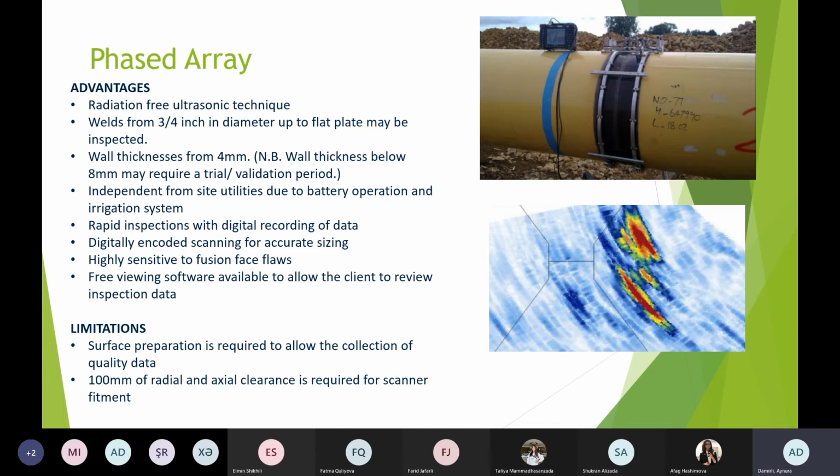Phased array is very widely used in our facilities. This is one of the best tools. It's similar to ultrasonic. Maybe you have heard about this.